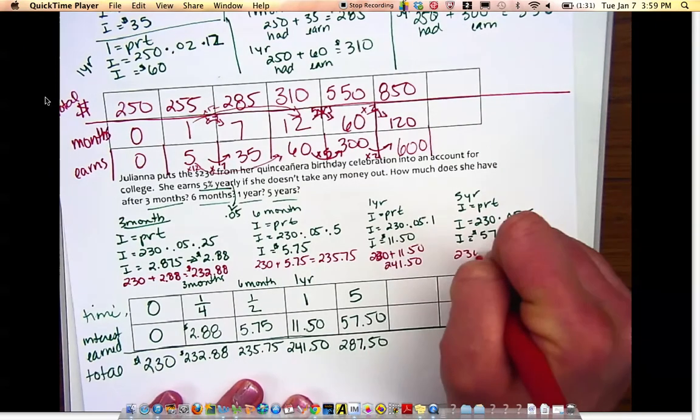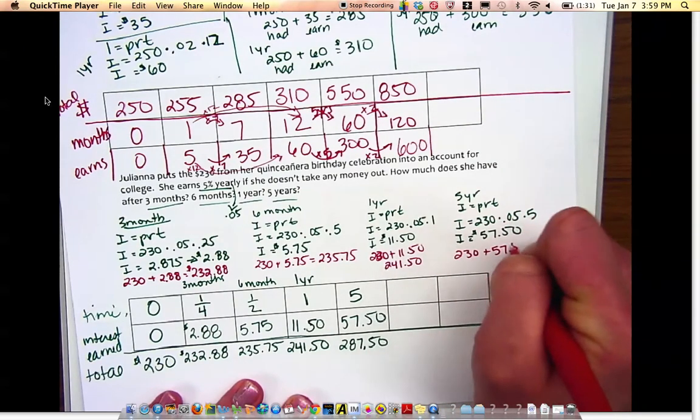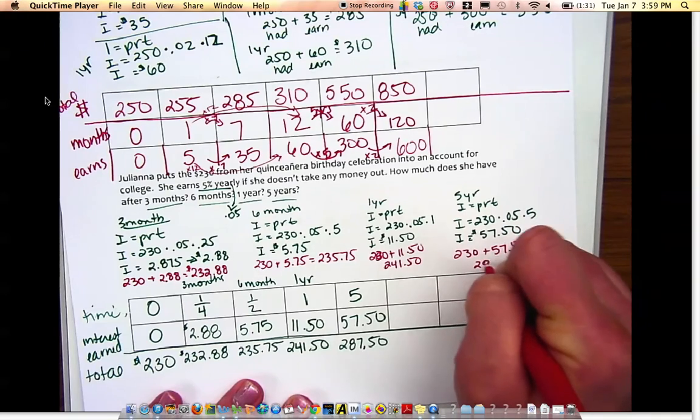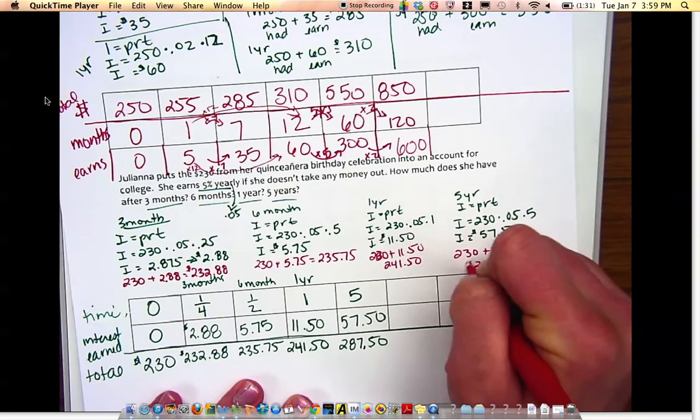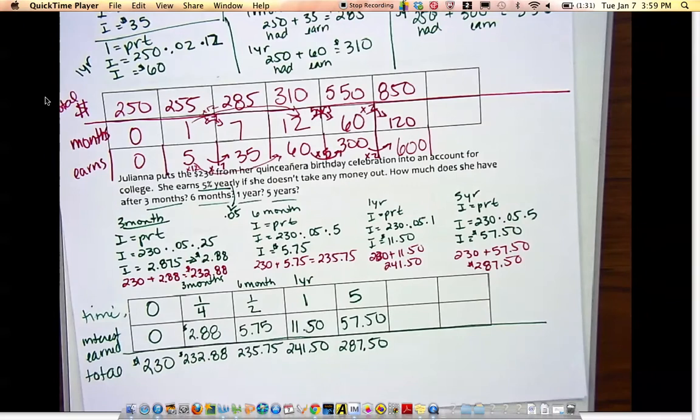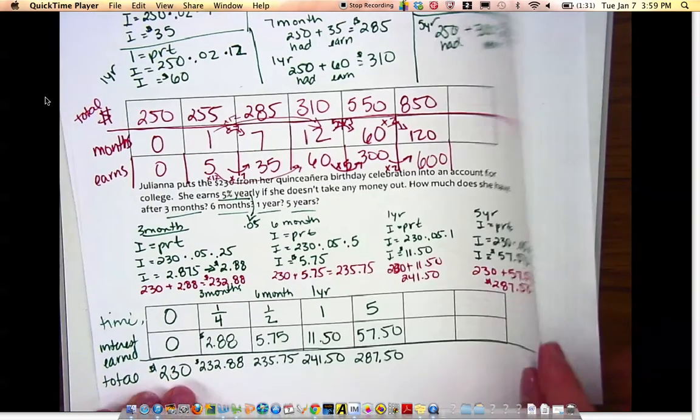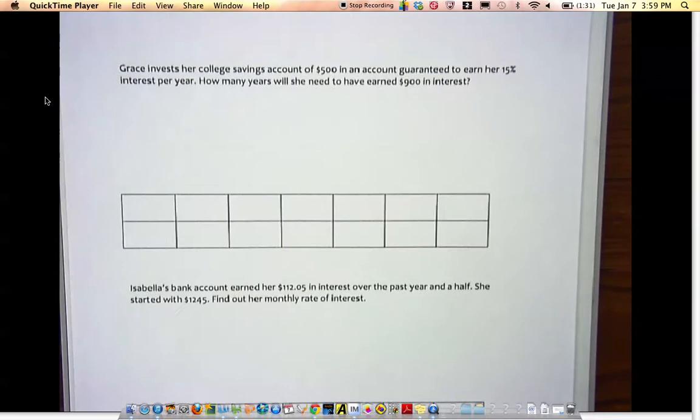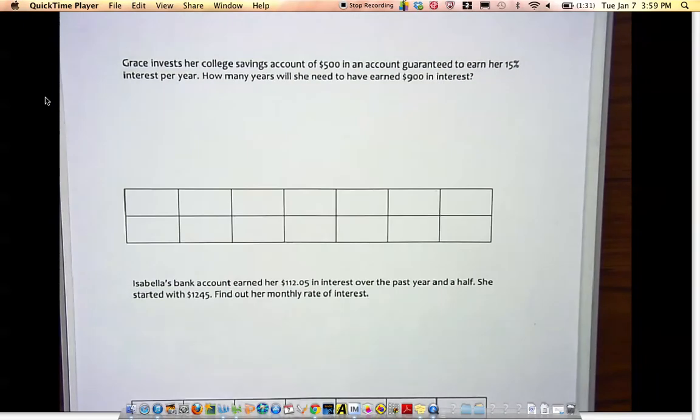Finally, 230 plus 57.50 is 287.50. Okay? All right, so that's doing simple interest using a ratio table. Let's look at 2 more problems. If you're not with me, feel free to pause or rewind.